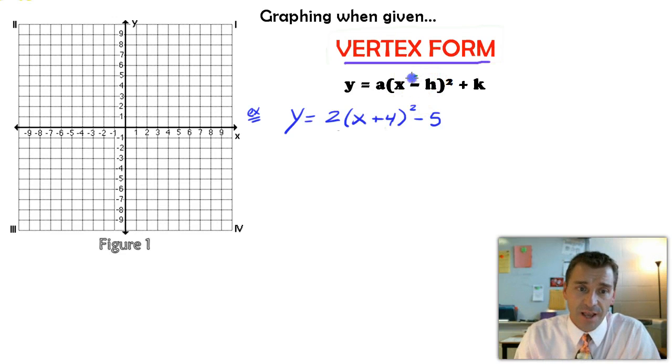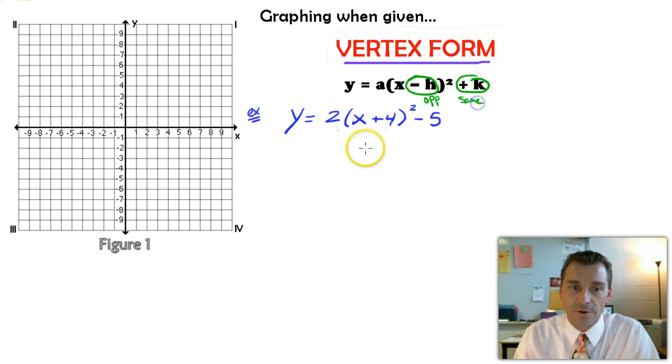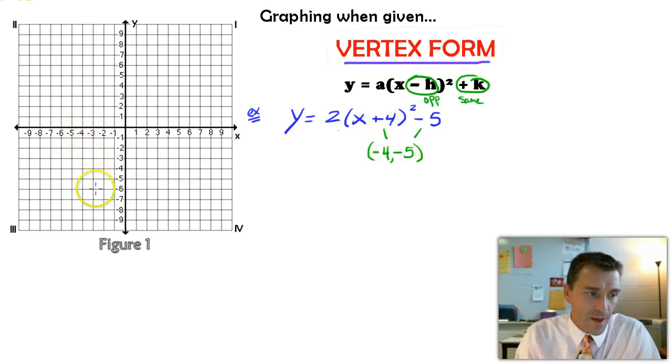It's the opposite of this H, always the opposite of this, OPP. And then it's the same as this one. So that determines the vertex. So that means here I go -4, and then I go -5. So it's the same as this guy out here. It's the opposite of that guy. Same here, opposite there. So -4, -5. That means it's right down there. Beautiful. So that's step number 1.